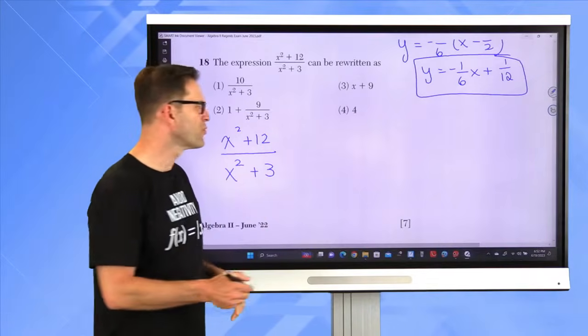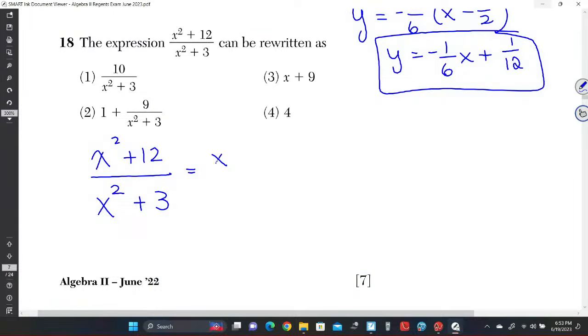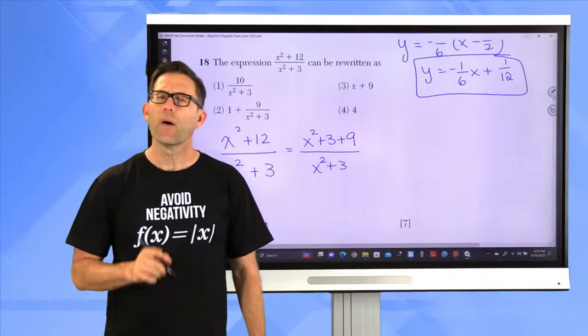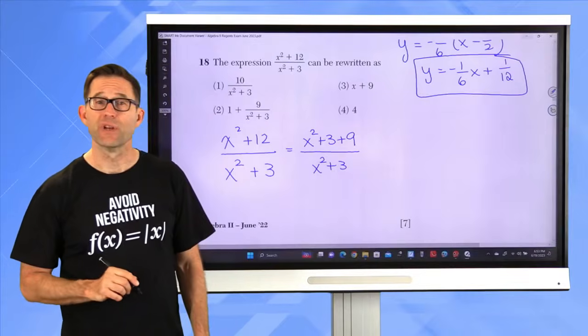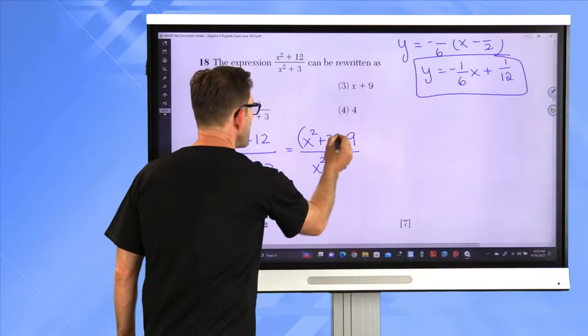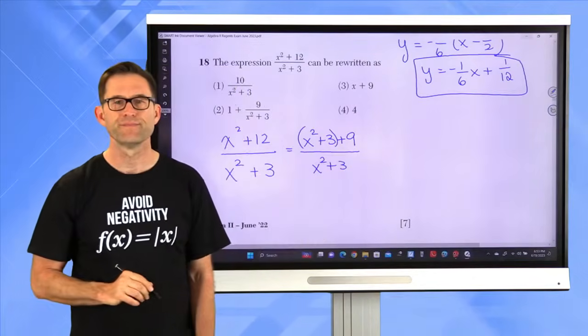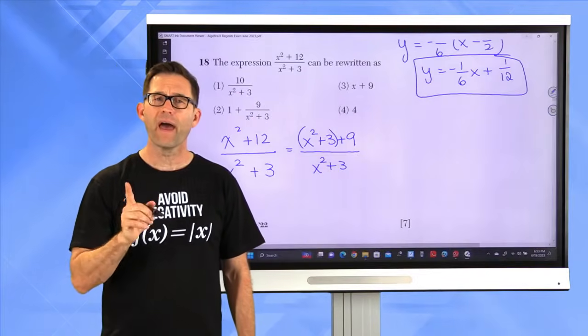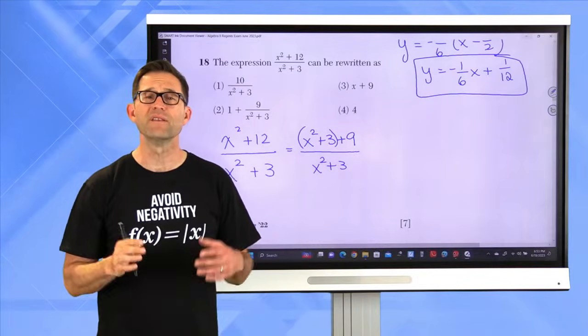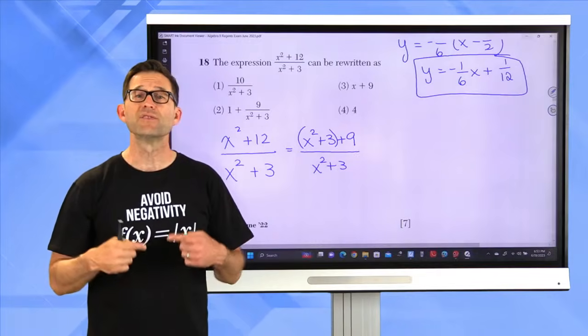To the point where, you know, x squared and x squared plus a number. In fact, I could rewrite the numerator as x squared plus 3 plus 9, and then I think I'll just leave the denominator as x squared plus 3. Now, addition is associative, meaning that I can really think about this like this. All right? And my final little piece is that division is distributed.